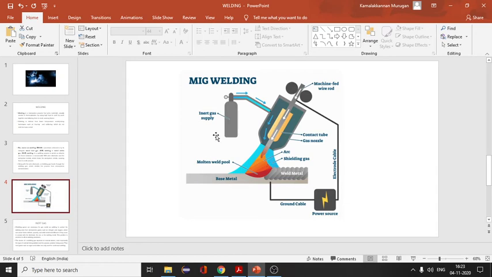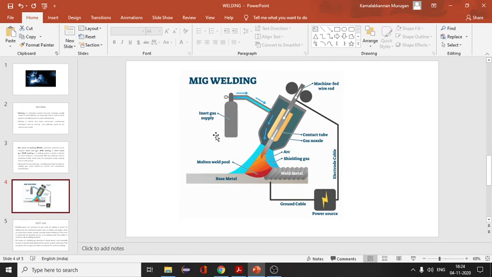In your manufacturing technology lab, you are going to perform metal joining with the help of this MIG welding process, right? The remaining things are going to be similar to what you did in your engineering practices laboratory.